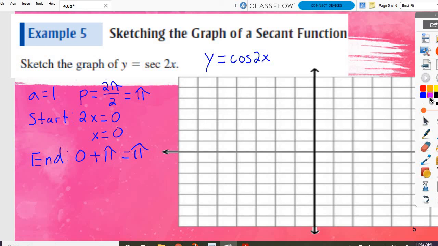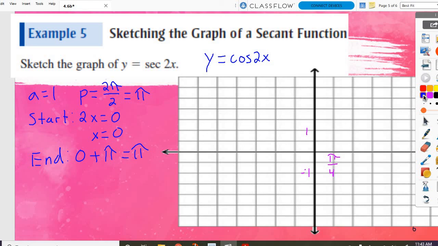So again, I'm going to go ahead and just go by 1/2 on my y-axis. And then on our x-axis, since we have to go out to pi, we can go ahead and still go by pi's over 4, just because that gives us 4 spots will be pi. So it still gives us a good spot to end.